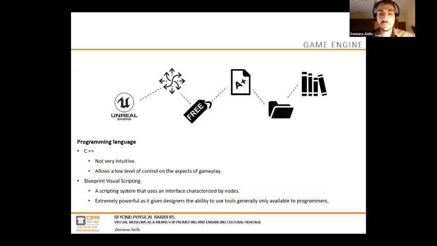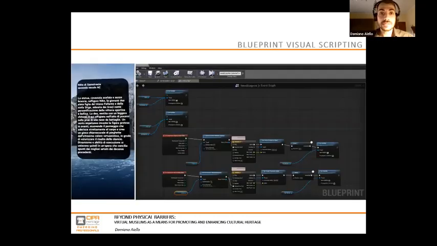Well, the entire model was then imported into Unreal Engine. We have chosen this software because of the visual scripting Blueprint system. It is a system based on a node interface that replaces the complex C++ programming language. So you just need to connect nodes to have an interaction instead of writing code.